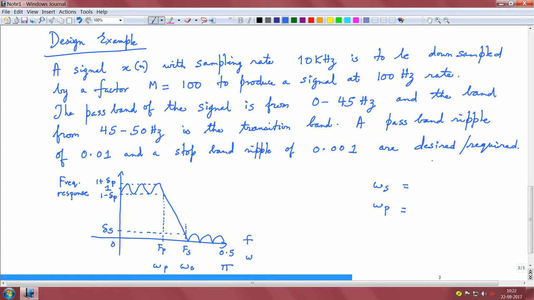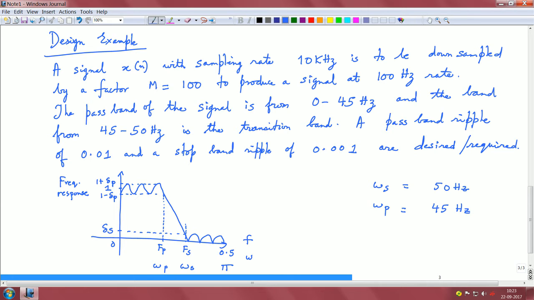The stop band is 50 hertz, the pass band cutoff here is about 45 hertz, and we need sharp attenuation after 50 hertz, and 100 hertz is the output rate.